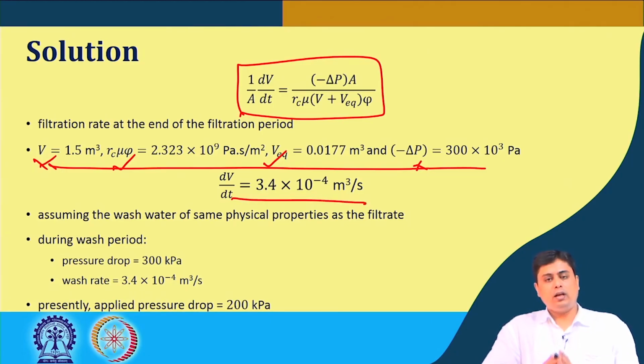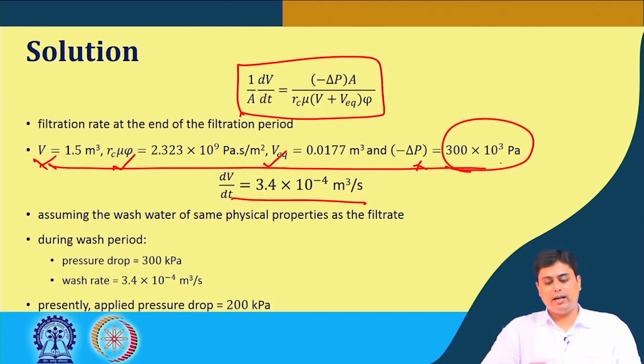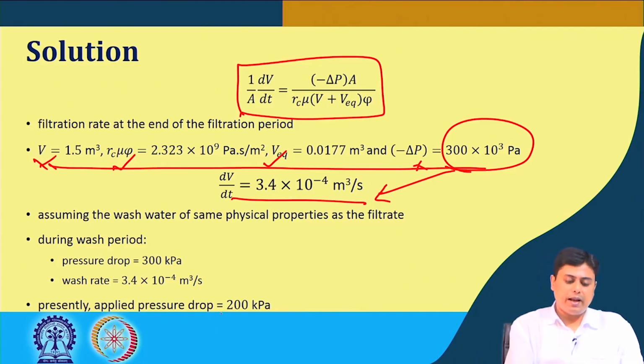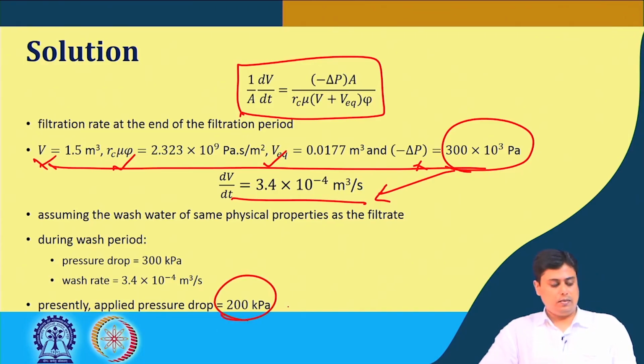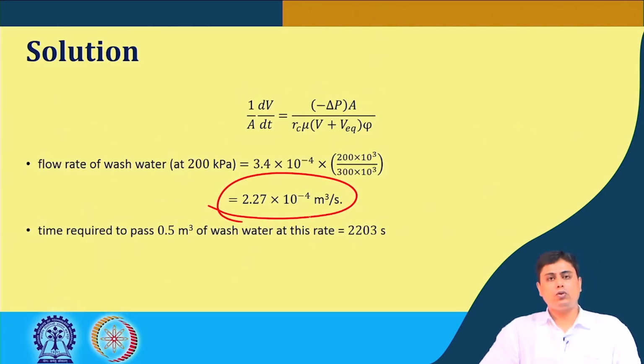Again, assuming that the wash water has the same physical properties as the filtrate, we know that for this pressure drop of 300 kilopascal, we have a wash rate of 3.4 into 10 to the power minus 4 meter cube per second. But currently the applied pressure is 200 kilopascal, which means our wash rate will be reduced proportionately.